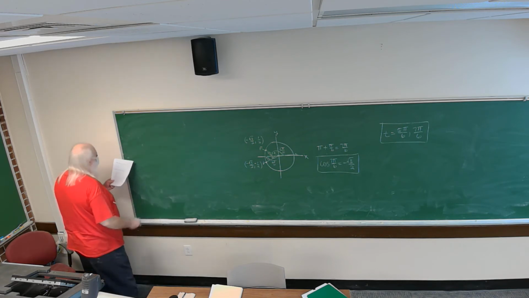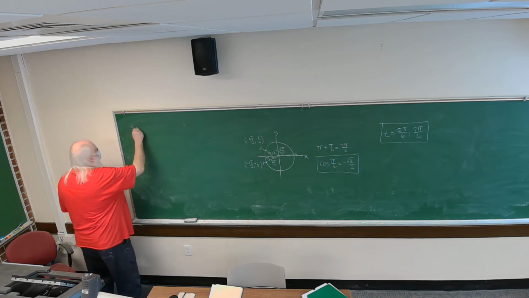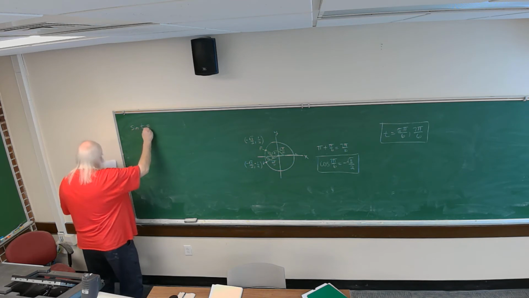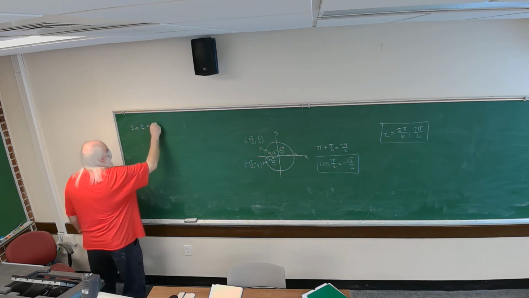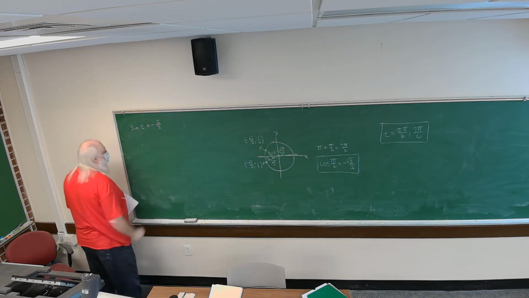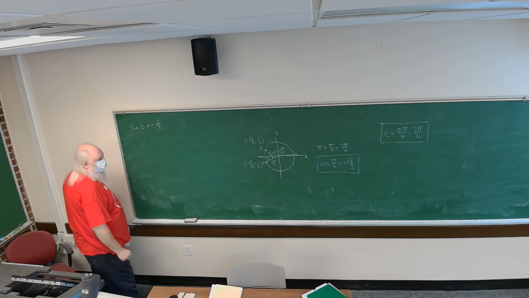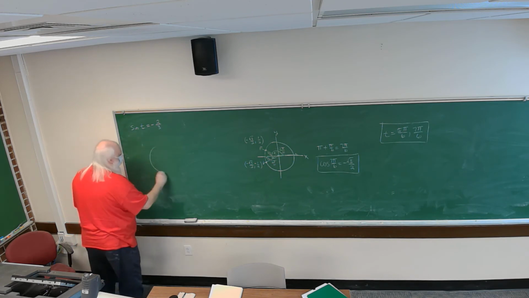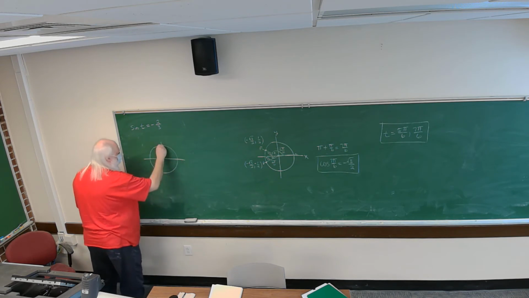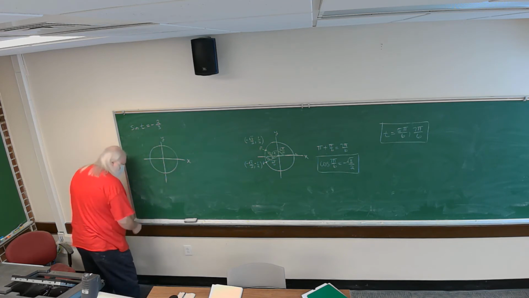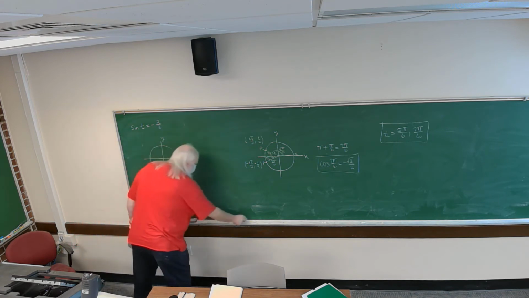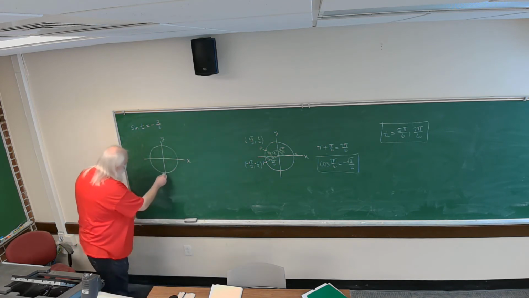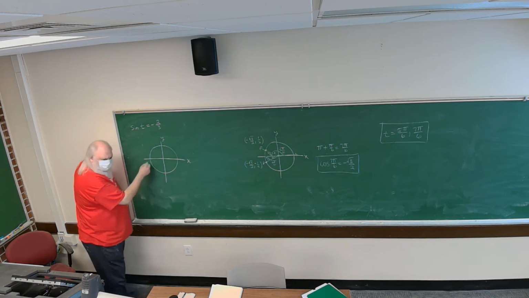Okay? All right. So you're given that the sine of angle t is equal to minus 2/3, and the point P is in the third quadrant. So here's my unit circle. And the point P is in the third quadrant, right?